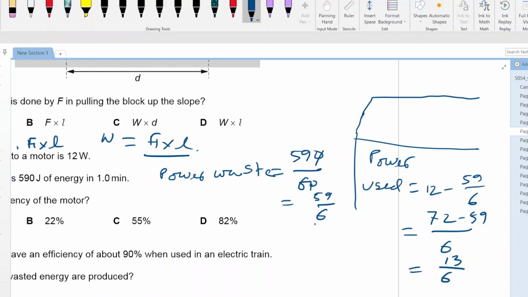Efficiency equals power output by power input.